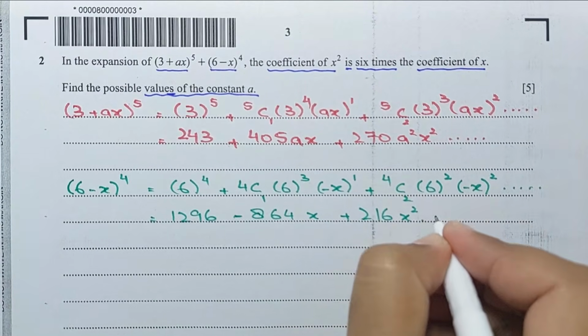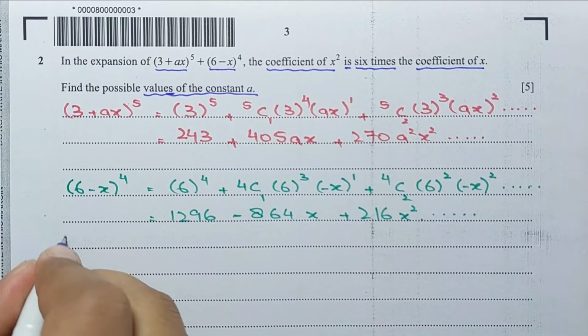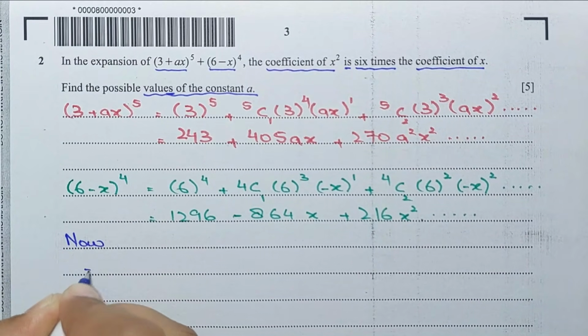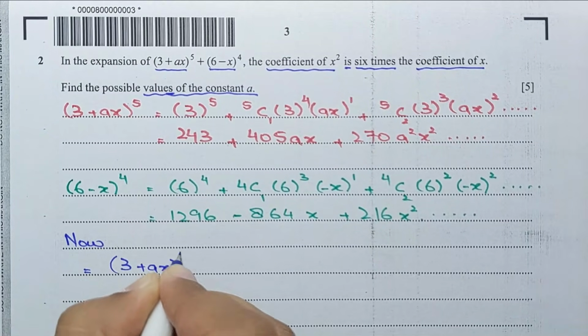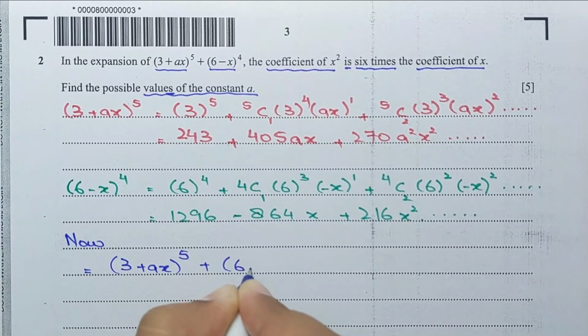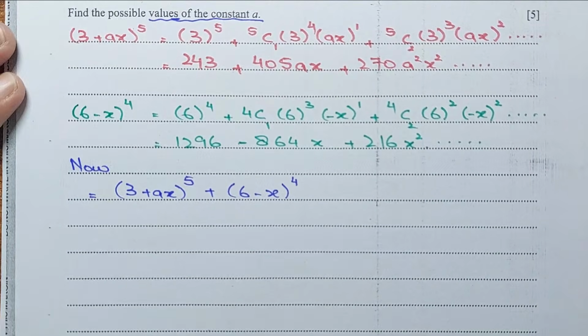Right. And so on. Okay, now let me put both of the terms together. Now we can say (3 plus ax) to the power 5 plus (6 minus x) to the power 4. This expansion and this expansion put with the plus sign.